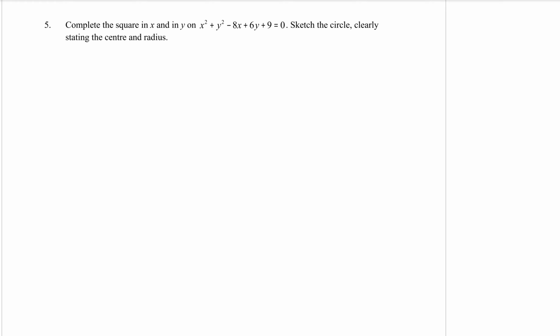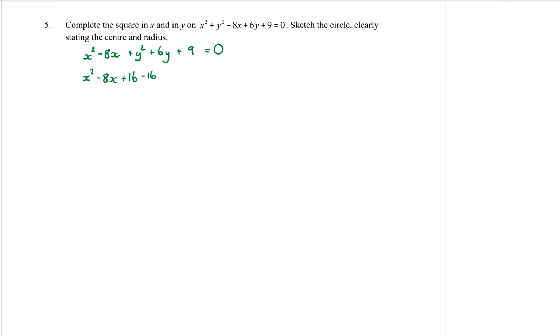So I'm going to rewrite that equation, putting the x terms together, which will be x squared minus 8x, and the y terms together, y squared plus 6y, and the 9 on the end, equals 0. Now, taking the first two x terms, I want to make a perfect square. So I halve the 8, which is minus 4, and square it will be a plus 16. I'm going to have to subtract that 16 off again.